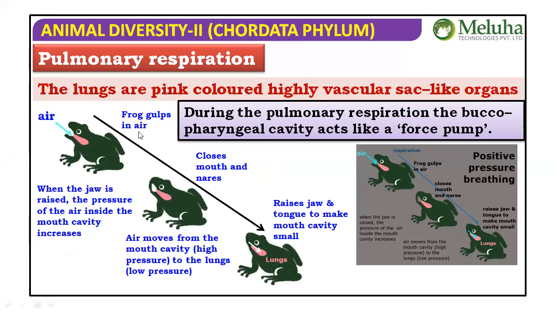The frog gulps in air, first closes the mouth and nares, raises the jaw and tongue to make the mouth cavity smaller, which moves air from the mouth cavity, buccopharyngeal cavity, to the lungs. So when the jaw is raised, the pressure of the air inside the mouth cavity increases.